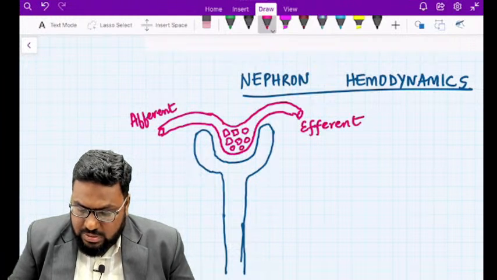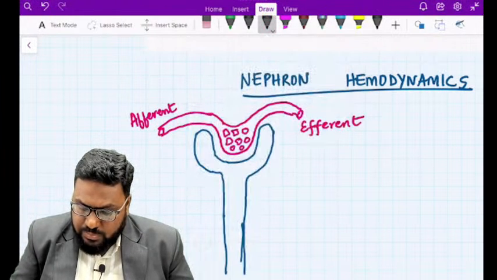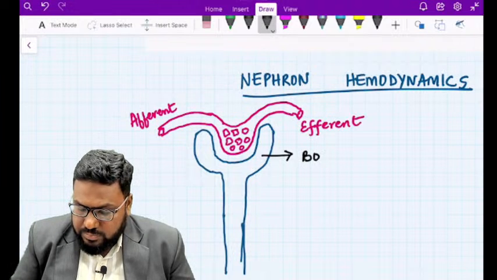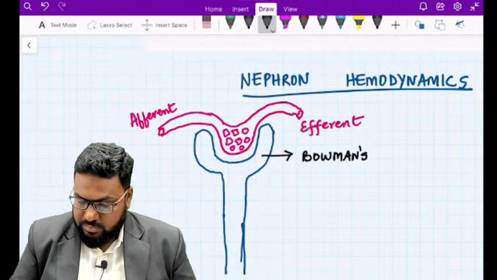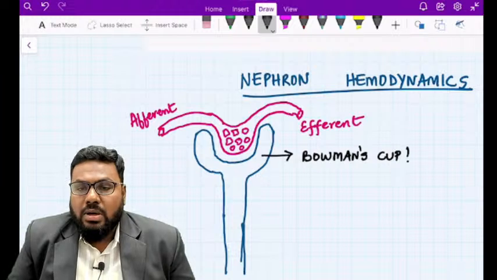This is the Bowman's cup. I'll highlight the Bowman's cup now. So this is the Bowman's cup.